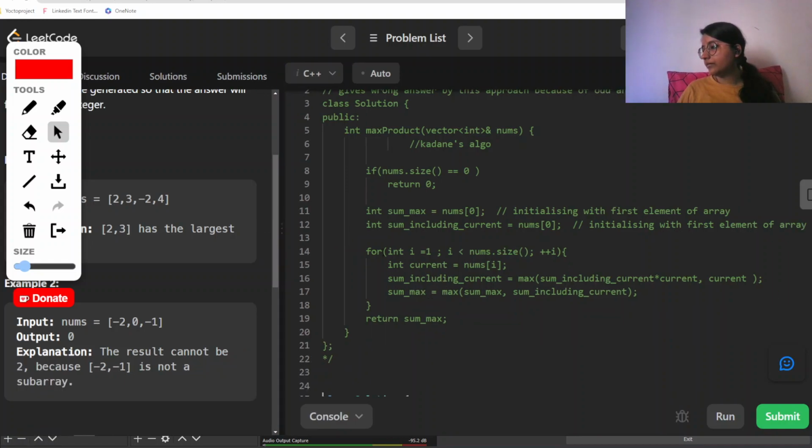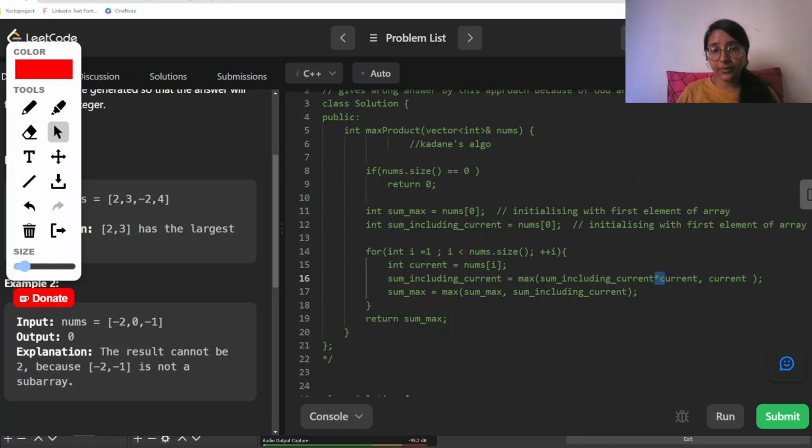Because here we are required to do the same things only, just required to change this plus which was earlier used into multiplication. But here the problem was if there are an even number of negatives, right? Then it would be surely discarded. With an odd number of negatives, it will give a right answer.